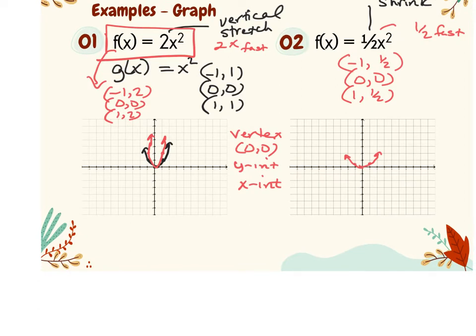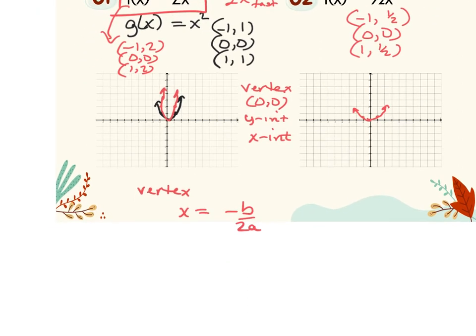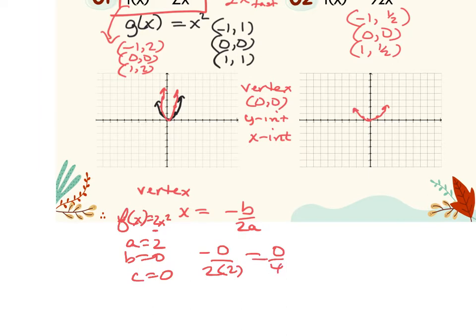To demonstrate, if you wanted to find the vertex using the formula -b over 2a, in f of x equals 2x squared the a is 2, and I don't have a b and I don't have a c. All I have is the a. So -0 over 2 times 2, and 0 divided by anything is 0. So x equals 0. When you plug it back in, you still get 0, because 2 times 0 squared is 0. So my vertex is 0, 0.